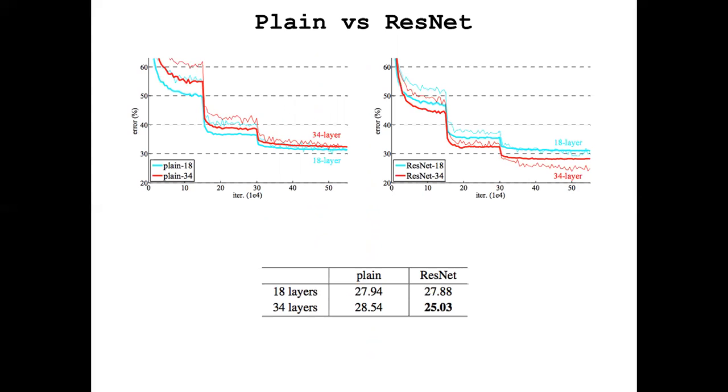If we compare layers, the level of accuracy was not that different. It was just a marginal improvement. But if we compare the 34-layer AlexNet and the 34-layer ResNet, ResNet has a significant improvement, more than 3%.